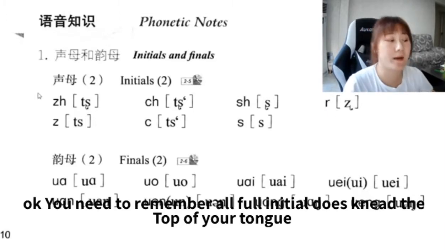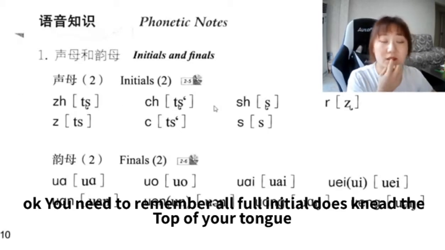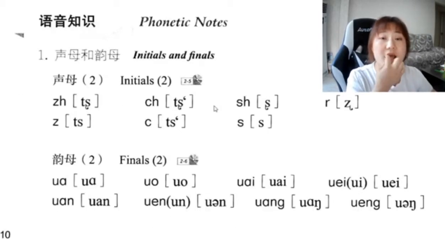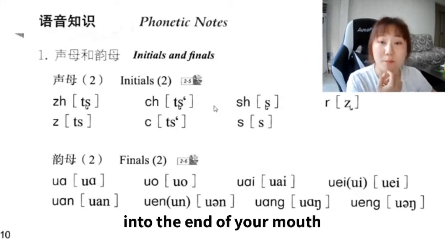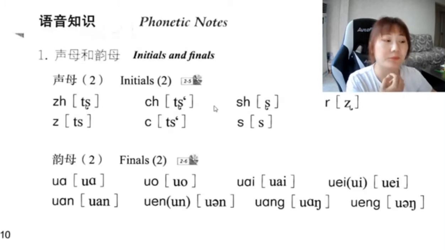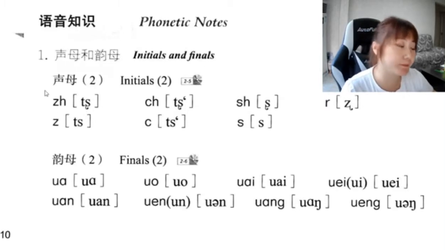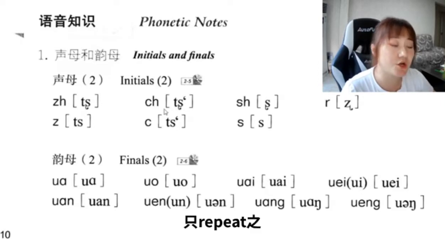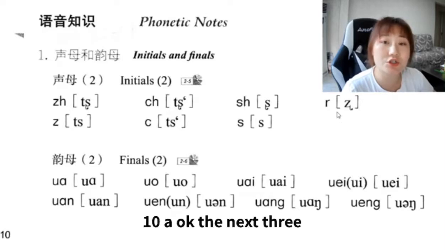Okay, you need to remember all 4 initials need the top of your tongue inside and into the end of your mouth. And I read again the four: zh, ch, sh, r. Repeat, zh, ch, sh, r.